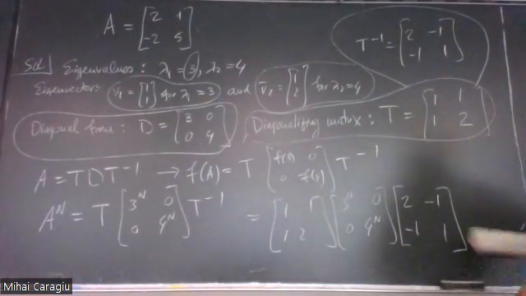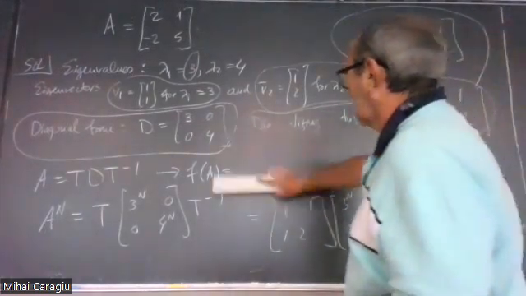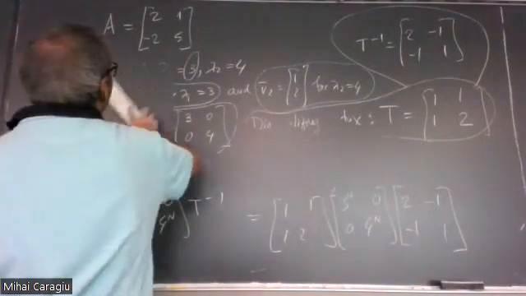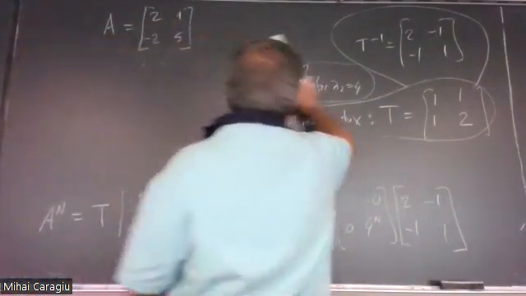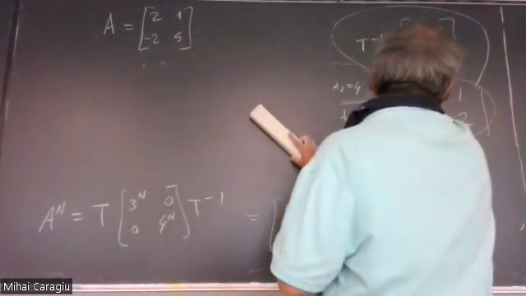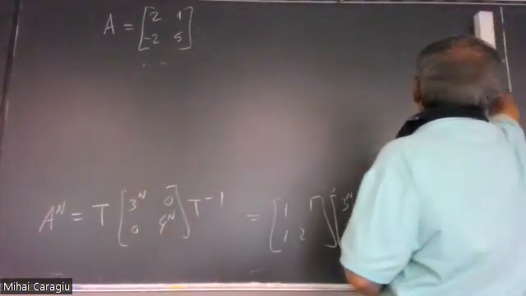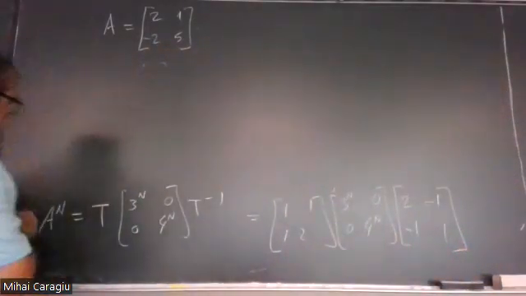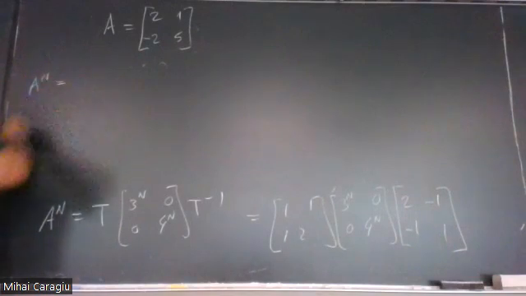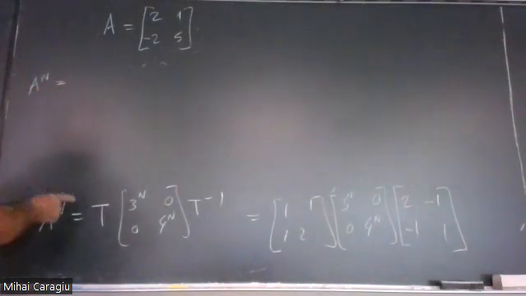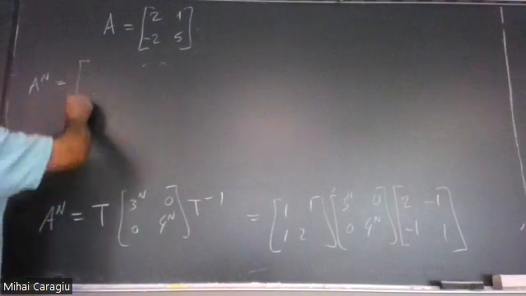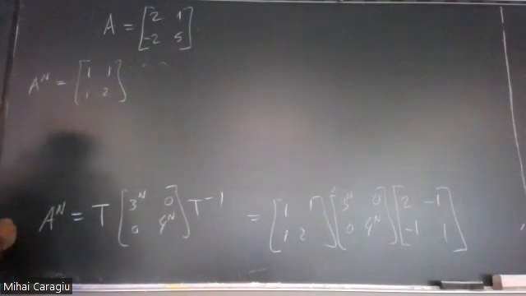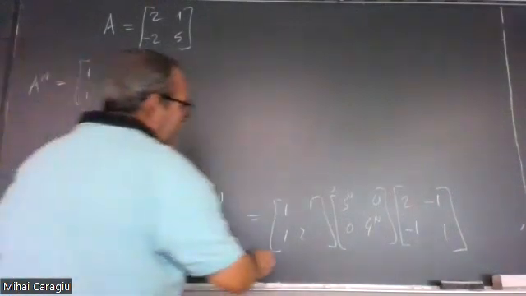Okay, so now I need to free some space here. So one more time, A to the power n equals T, which is again 1, 1, 1, 2, times, again, let me put it here. Let's multiply these two.